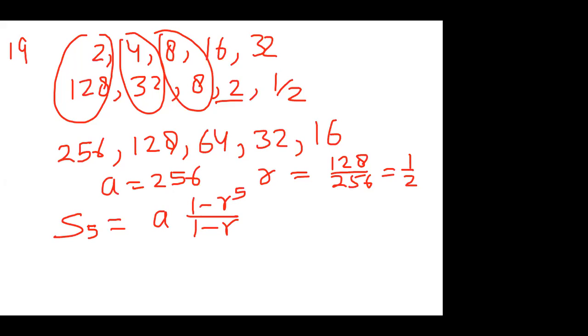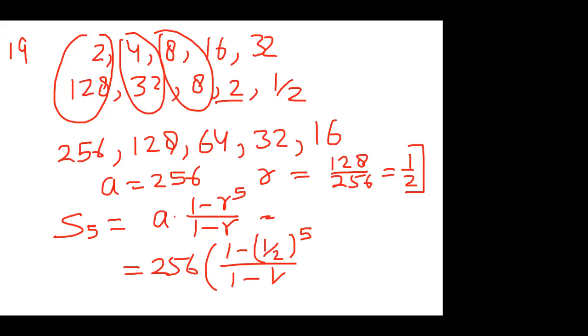The common ratio is less than 1, so we apply this identity. So a is 256, 1 minus 1 by 2 whole power 5 upon 1 minus 1 by 2.